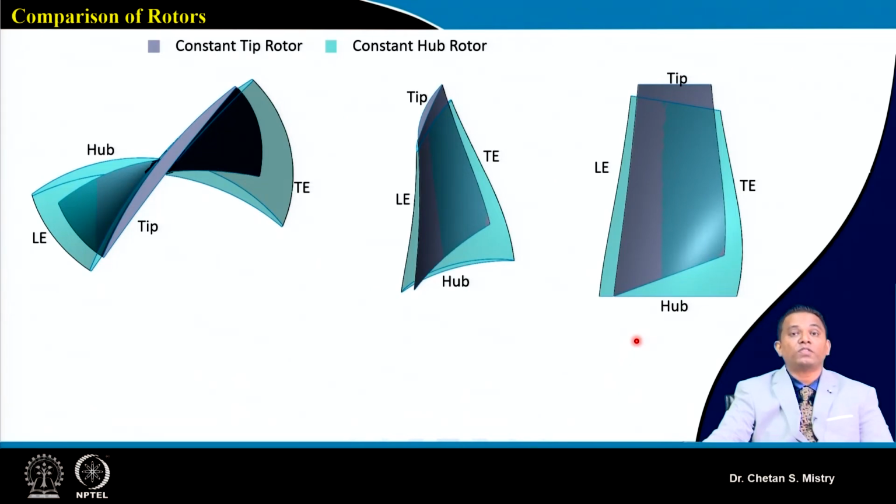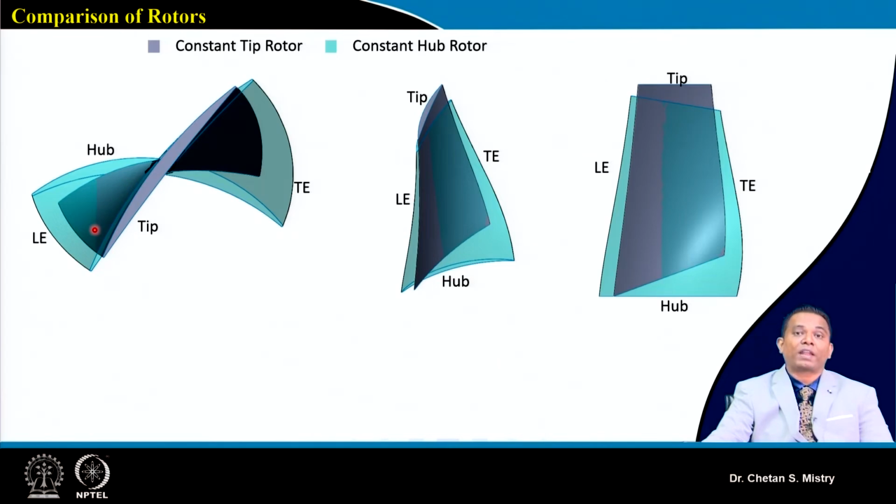Now this is very important, it reflects the comparison between these rotors. If you recall, when we were discussing the design, this is the constant tip rotor, and the second one, this transparent color, represents my constant hub configuration.